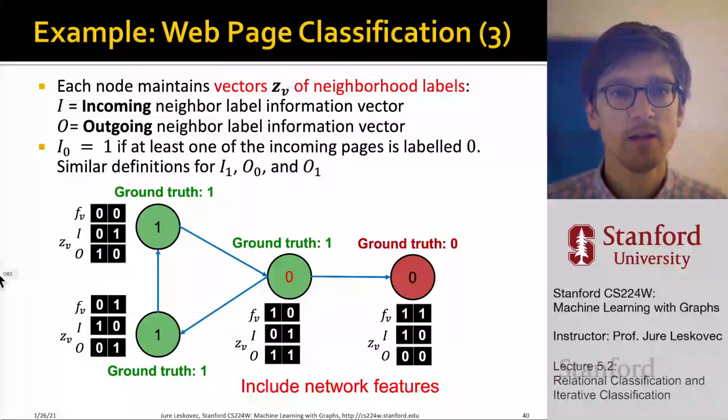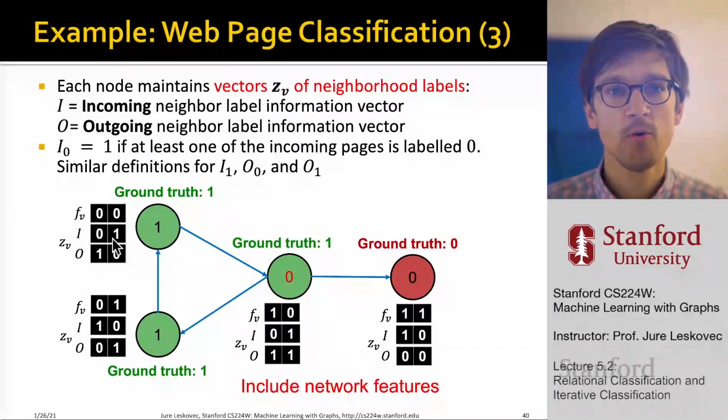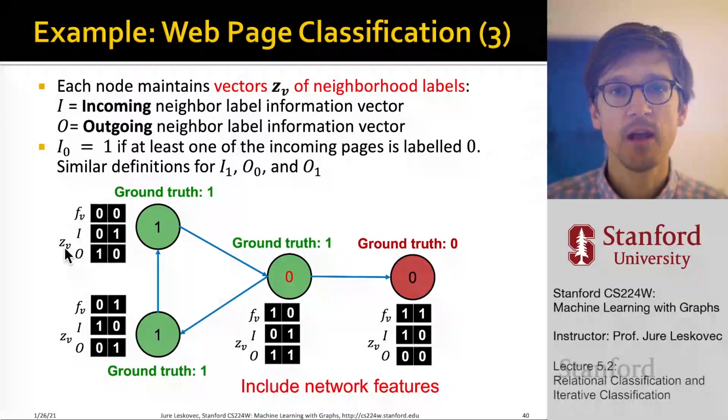So to give you an idea, this is now the same graph as before. These are the features of the web page, but now these 4 more numbers appear here. Let me again explain what they mean. These 4 numbers are basically my vector z that summarizes the labels of the neighbors around it. And we have I, which is for incoming neighbors. I want to say: is any of the incoming neighbors of class 0, is any of the incoming neighbors of class 1. Because this node here has one neighbor that is green, we set value 1 here.